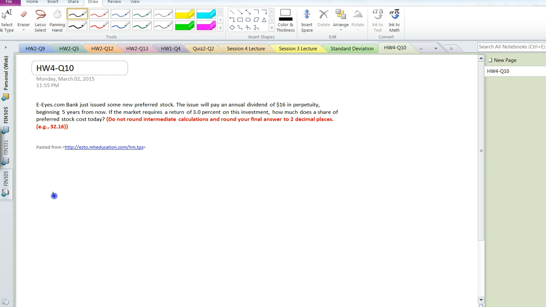So let me draw a chart. As I said, it's always a good idea to draw a chart to help you understand what's going on. So 0, 1, 2, 3, 4, 5. What happens is the first payment is right here at year 5, and that's the $16 dividend. And this continues forever, right?